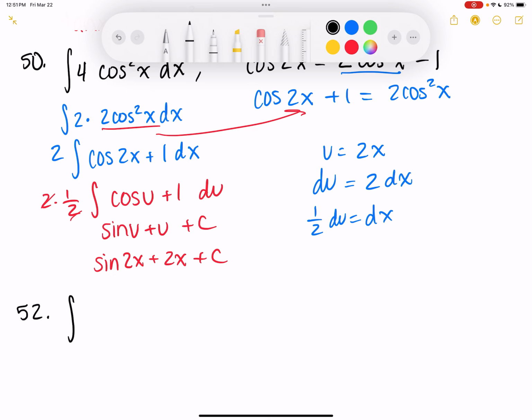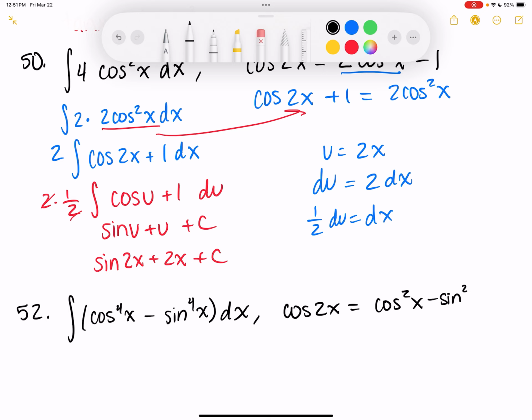So the integral of, and this is in parentheses, but just because of the dx at the end, cosine to the fourth of x minus sine to the fourth of x dx. And they tell us that cosine of 2x is equal to cosine squared of x minus sine squared of x.